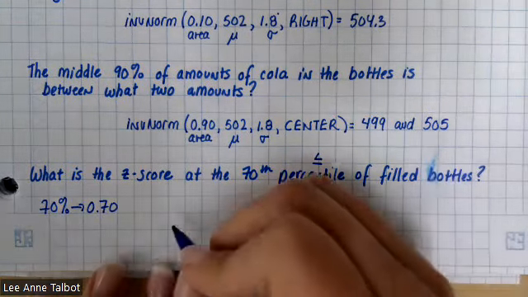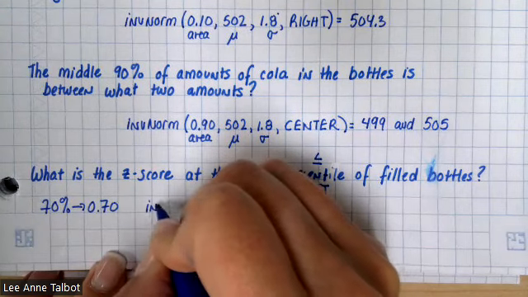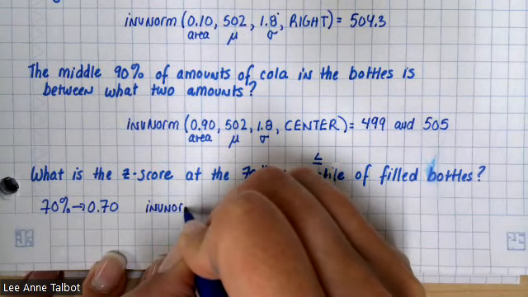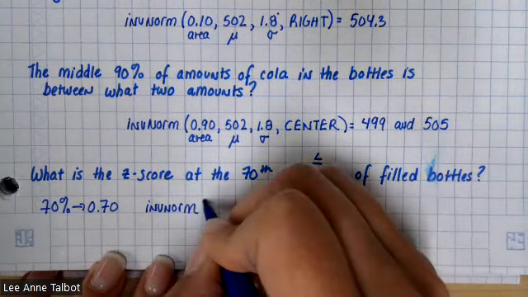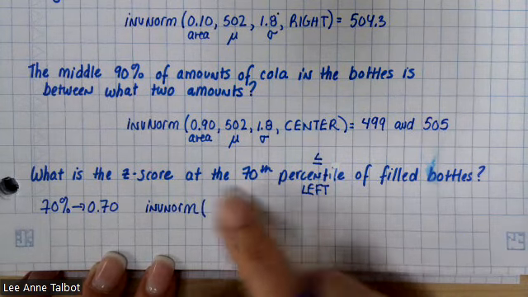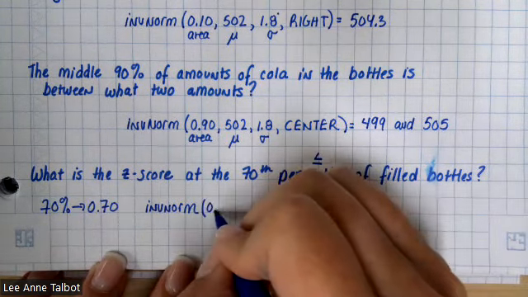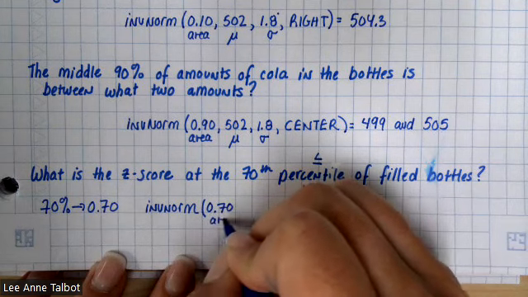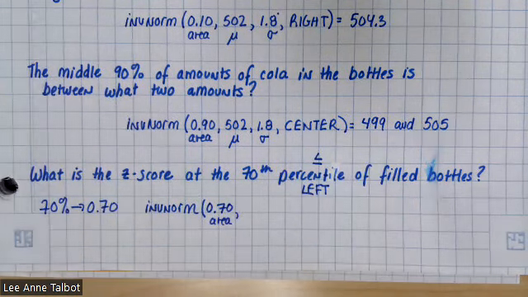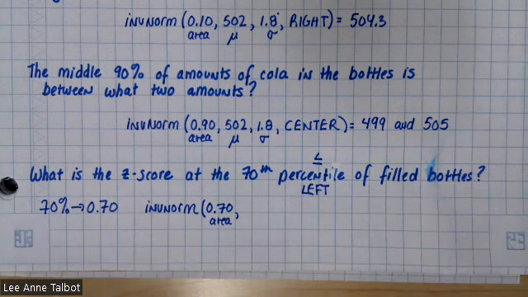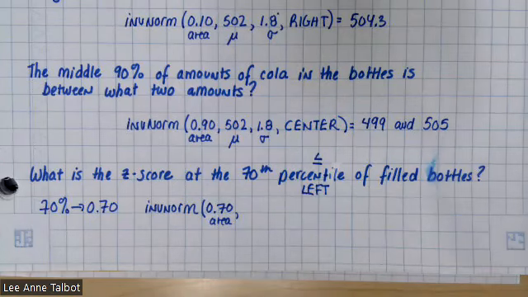Okay. I know I'm doing inverse norm because they gave me a percent, which is an area. But it's asking me something very specific, and I'm kind of baby stepping into what we're doing in the future.